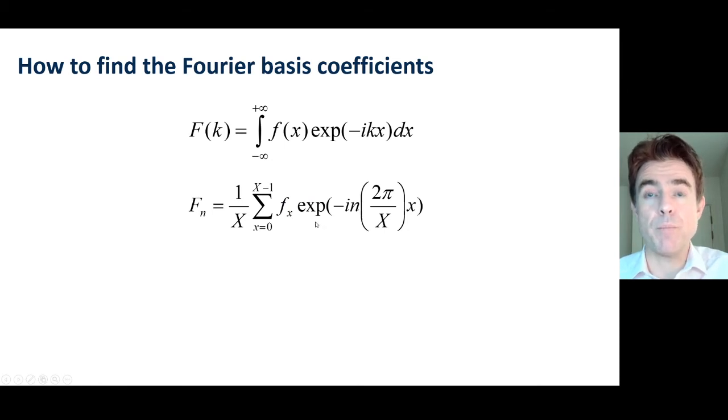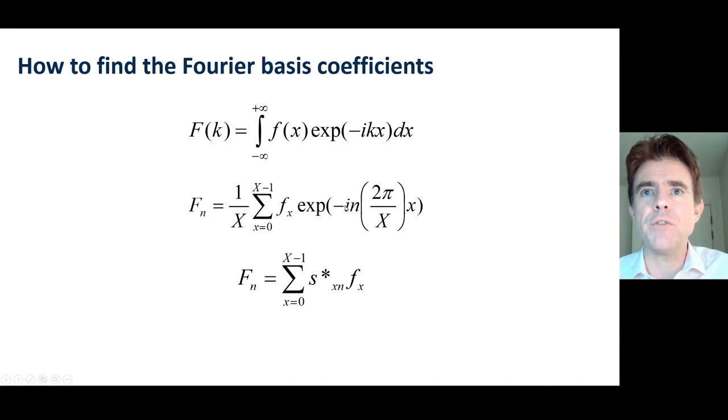So it's just point-by-point multiplication of a complex exponential with your input vector. Sum it all up, normalization, and that gives you the amount, fn, of complex exponential e to the minus in 2 pi over x that's present in f of x. So it gets much simpler in matrix vector notation.